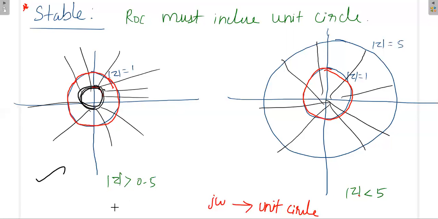Suppose mod z is less than 0.5, definitely this is not a stable system because we are not including the unit circle. If mod z is greater than 5, we cannot include the unit circle. Again, this is also an unstable system. So stability means we always have to include the unit circle.